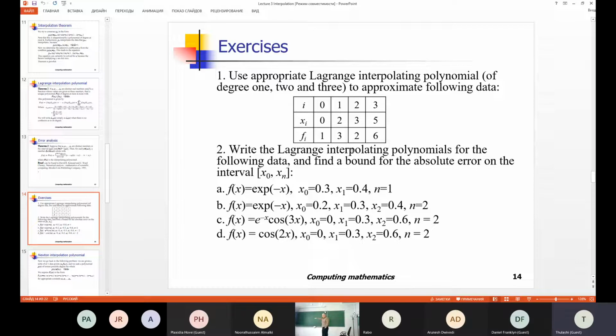Please find the polynomial of degree 1 using these particular data and this formula. Find the equation of the line. Find the polynomial of degree 1 using this initial information. This is a task for all the students.